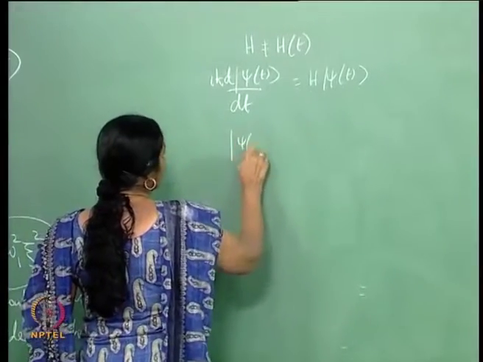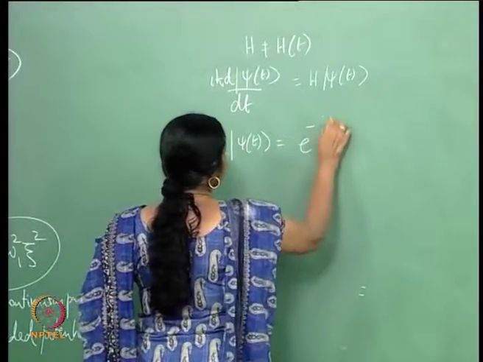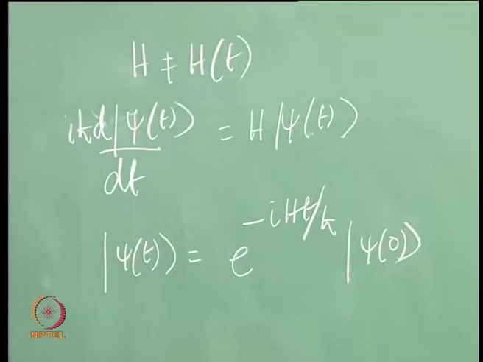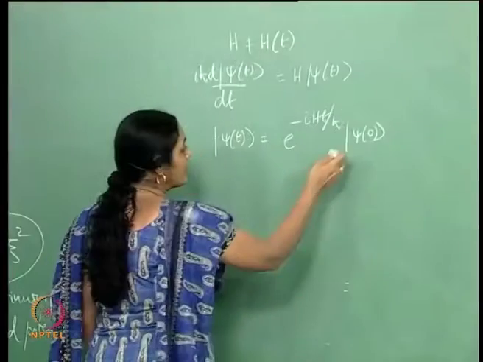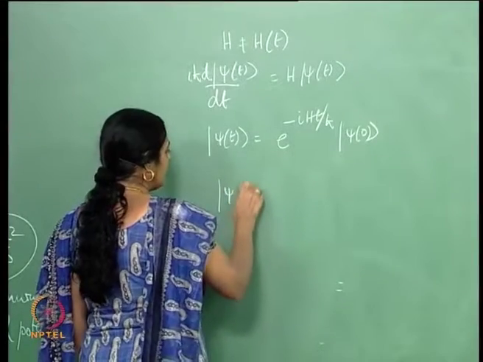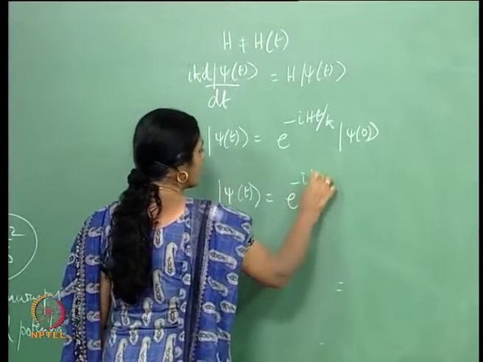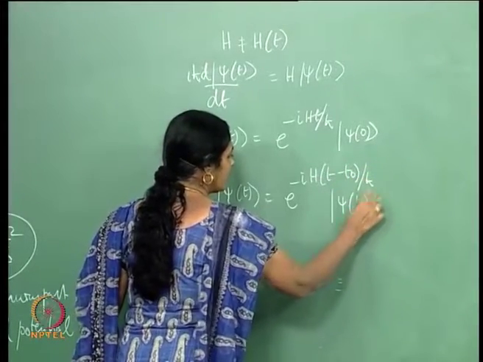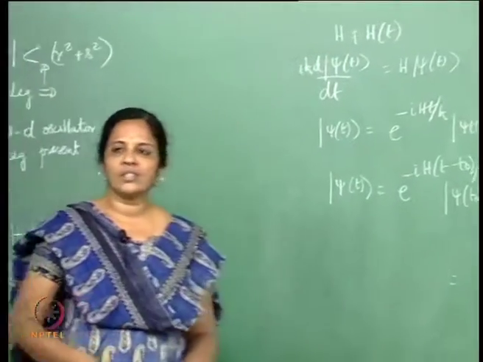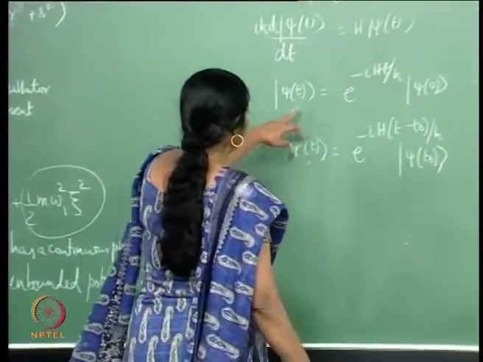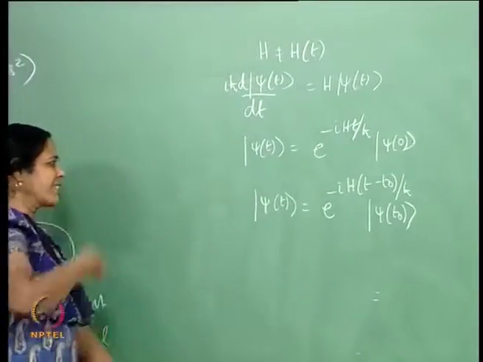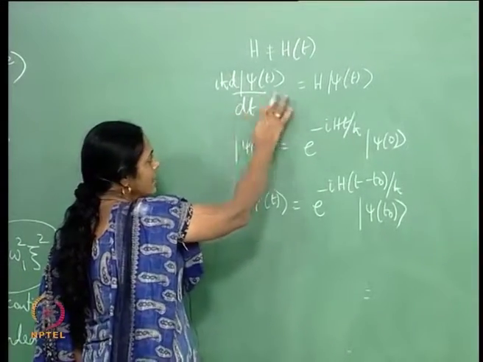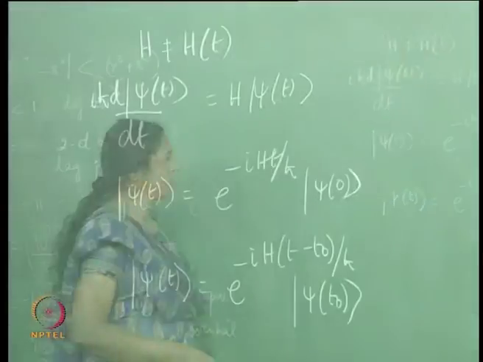Then the formal solution for psi of t is e to the minus i H t by h cross psi of 0. Or if my initial time were some t naught, psi of t would be e to the minus i H (t minus t naught) by h cross psi of t naught. It is convenient to set t naught equals 0, and that is what I have done here. So, it is the state vector that evolves in time, and the dynamics of the state vector is given in terms of the Schrodinger equation.